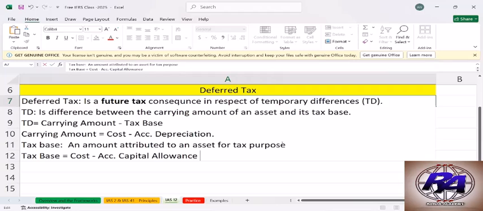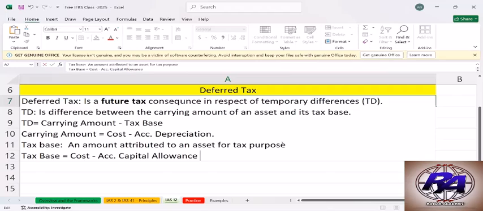If you want to determine your tax base in any question that you encounter, it is always your cost, the original cost of the asset, then we take away our accumulated capital allowance. The rate that is allowed by tax authorities for depreciation purposes is what we call capital allowance. So to replace your depreciation, what the tax authorities give you is what we call capital allowance.